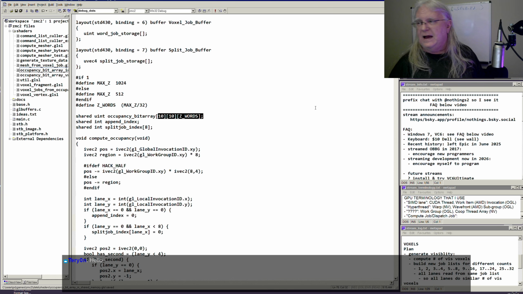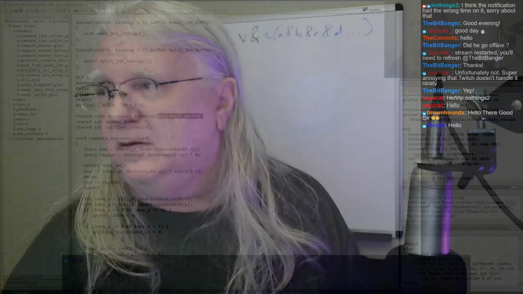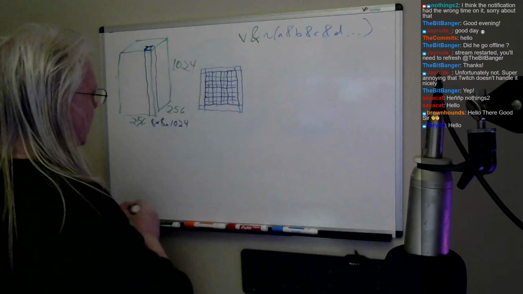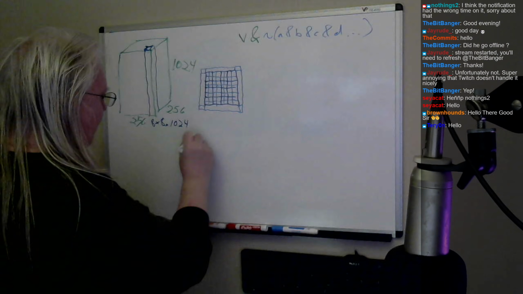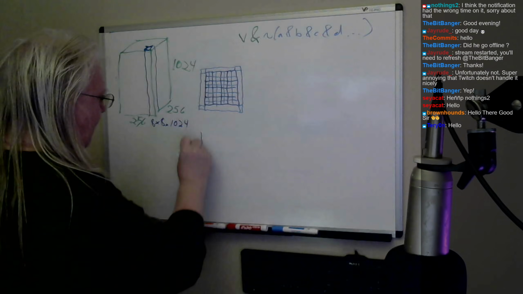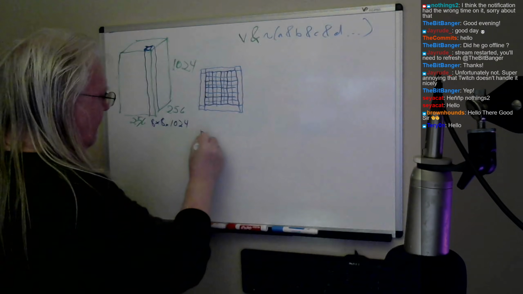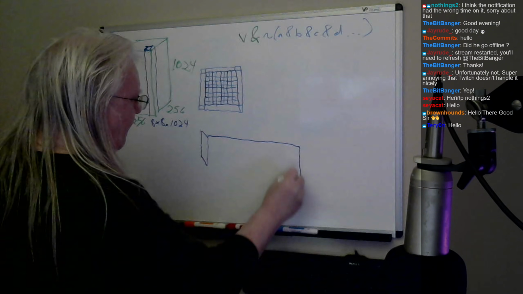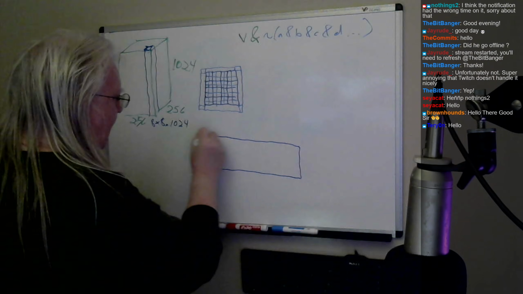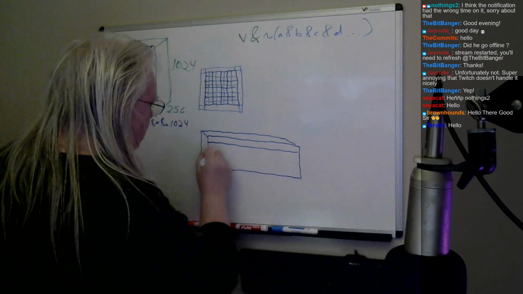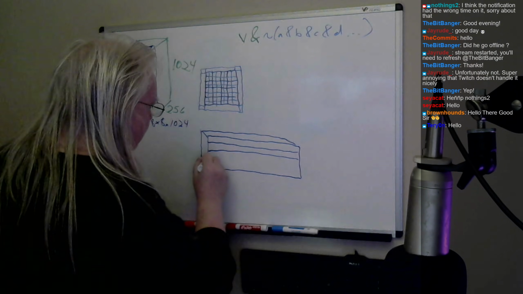So that's what the old code did. If we think about that in terms of this illustration, if we turn this illustration now on its side, we'll only do 4 instead of 8 or 10.